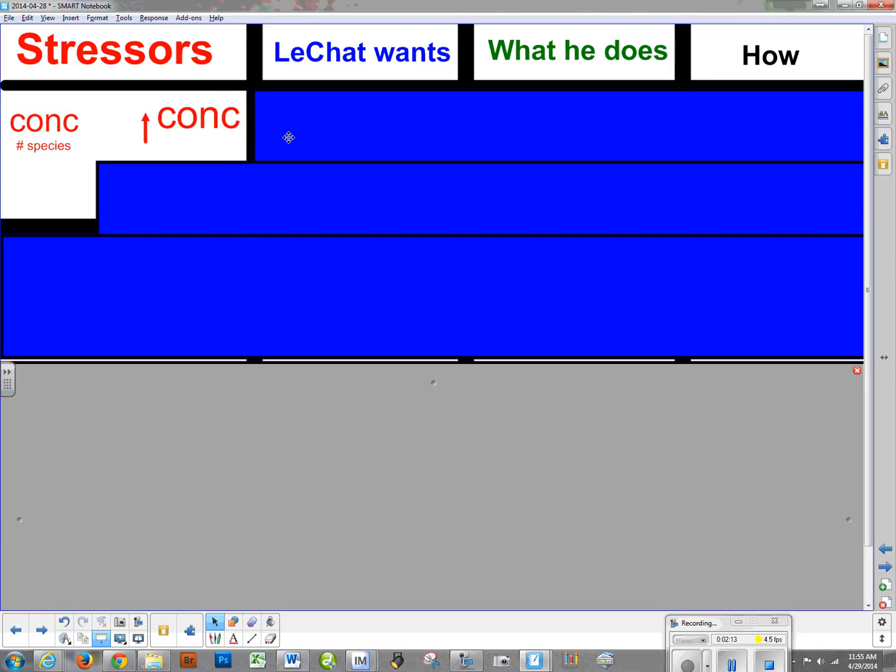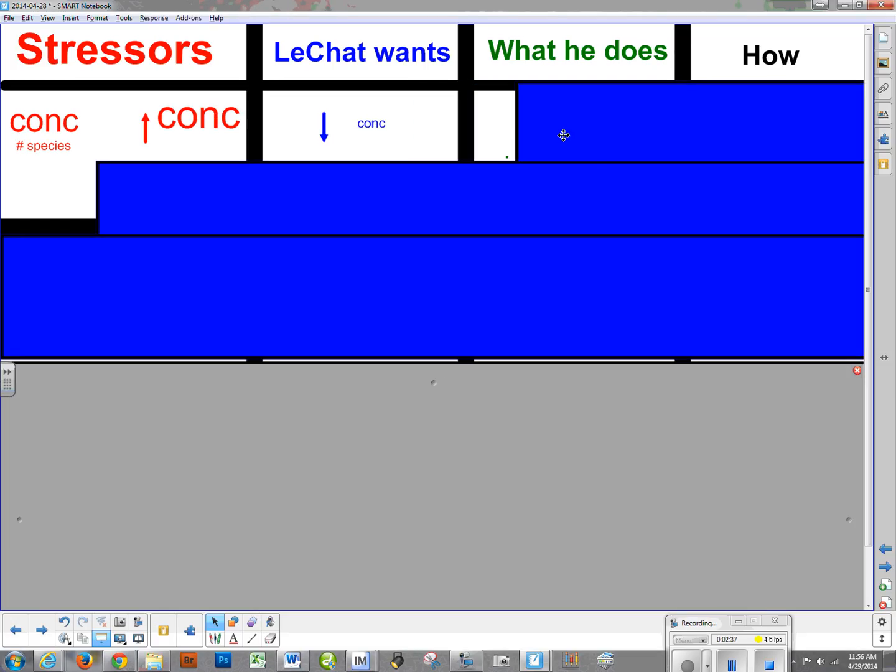Now let's go across and see what this is all about. Do you see, if I increase the concentration, which I'll use an up arrow to demonstrate, Le Chatelier is going to want to decrease the concentration, which I have in a different color, and it's also a different size, which indicates to you the relative thing that's going on. So with Le Chatelier, if we increase concentration, he wants to decrease it. Now, what he does is he decreases the number of species.